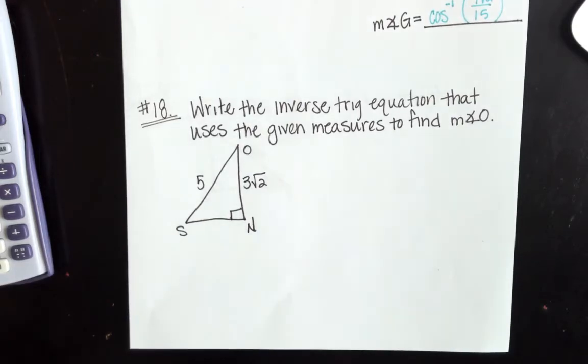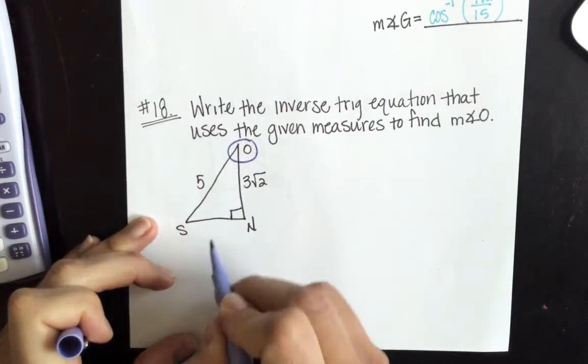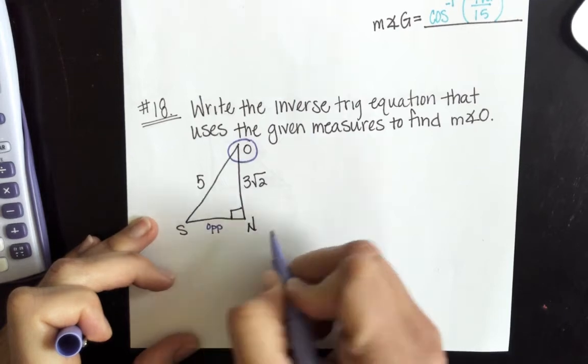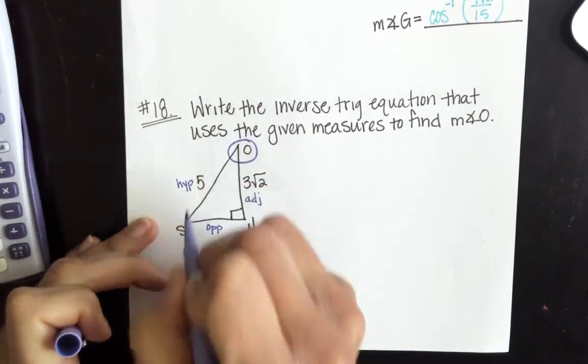Number 18, it says write the inverse trig equation that uses the given measures to find the measure of angle O. So if we approached it the way we've been with solving everything, we'd find our reference angle, we'd label opposite, adjacent, hypotenuse.